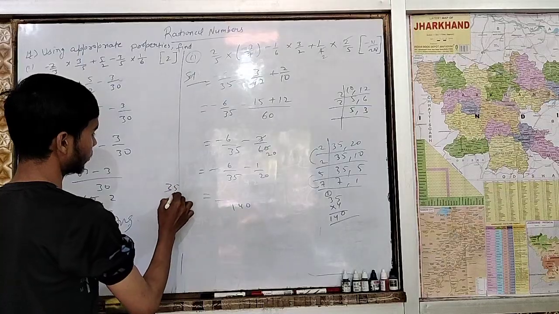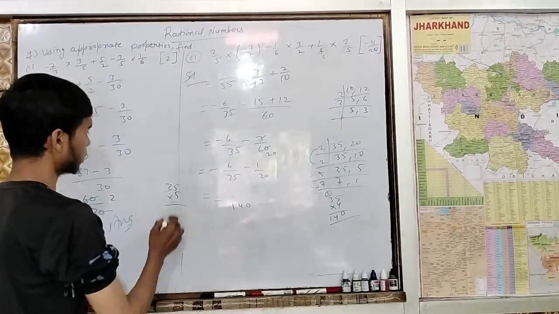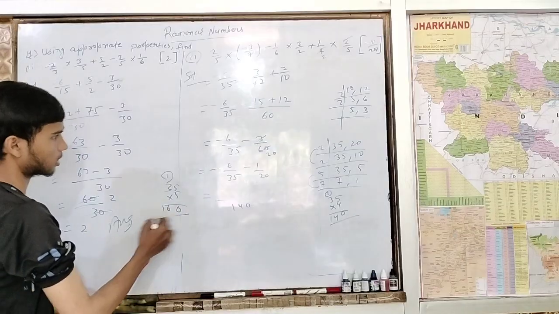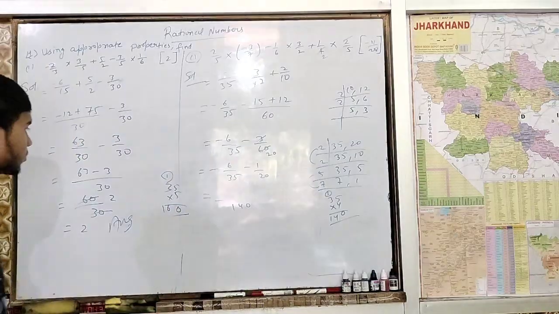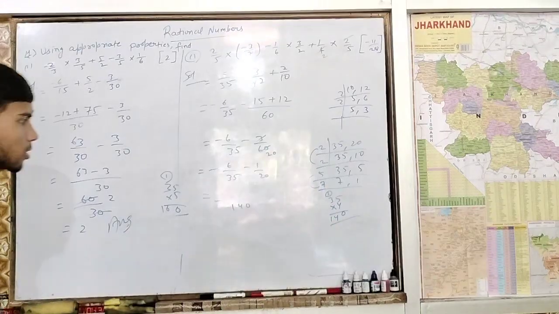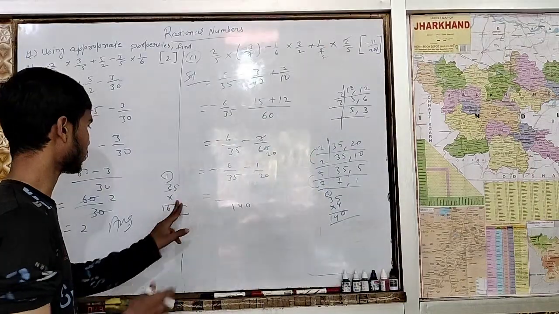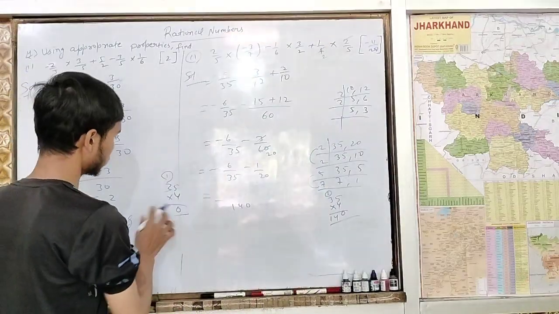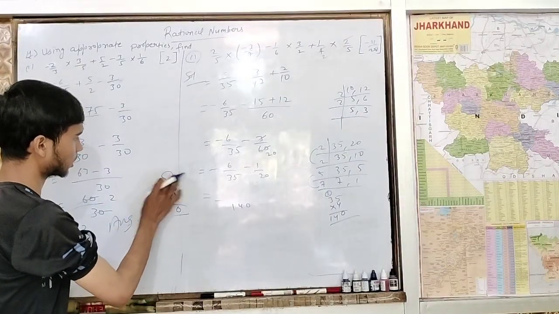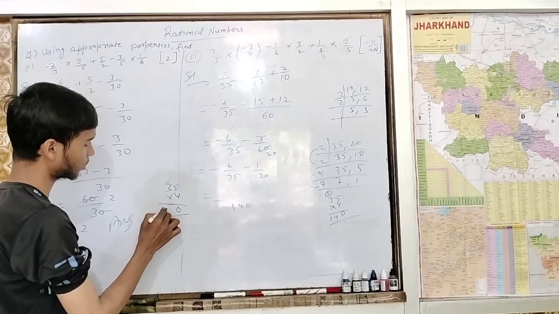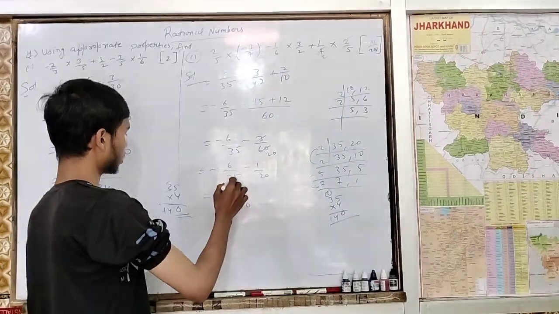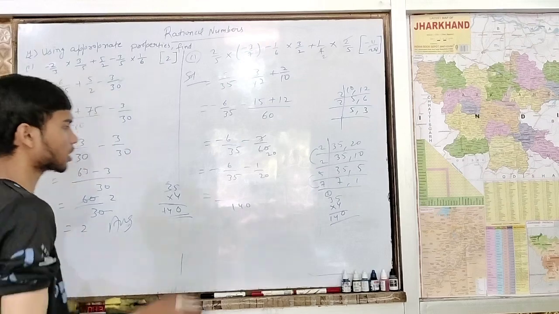Then 35s are, it will be 5 3s are 15, 15 and 16. So I think by 4. Okay, 4 3s are 12, 12 and 2, 60, 12 out of 40. So 35 4s are 140.